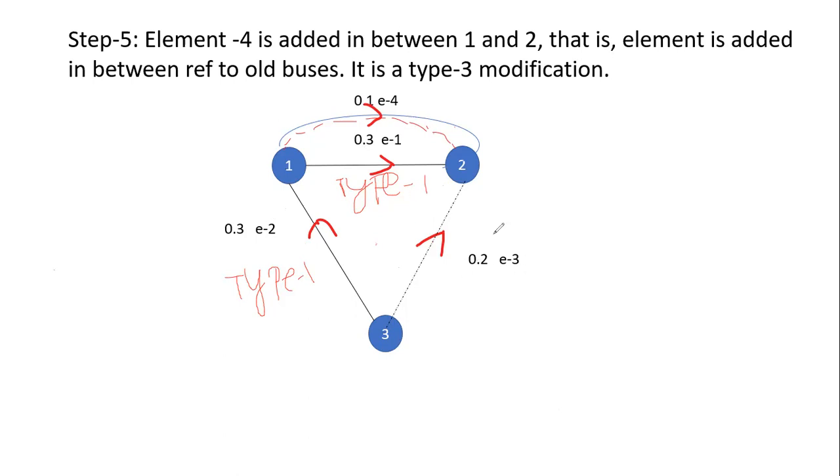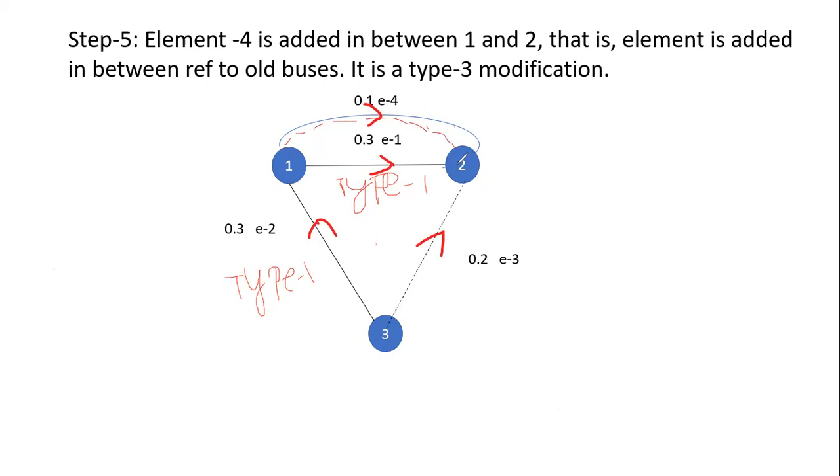Next the element 3 is added in between the old bus and the old bus. 2 and 3 are the already existing buses. Element 1 is added between buses 1 and 2, and element 2 is added between 1 and 3. That's why buses 2 and 3 are already existing buses.